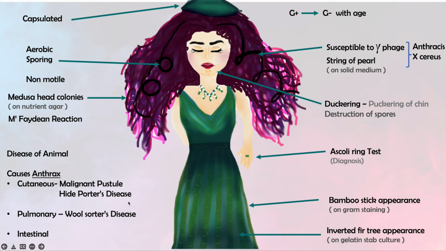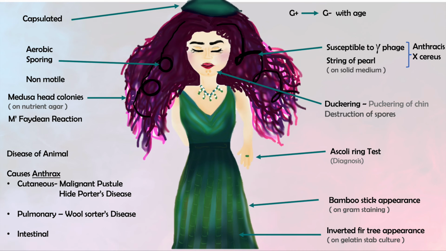As Medusa and Harry Potter are two very magical beings, that's the similarity between them. So we can correlate Hide Porter to Harry Potter, and Harry Potter is as magical as Medusa, so that's a correlation that might be useful. And the pulmonary manifestation of anthrax is called Woolsorter's disease.